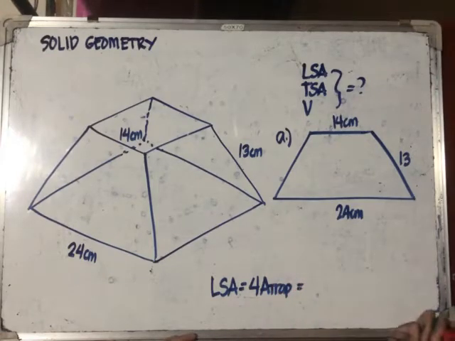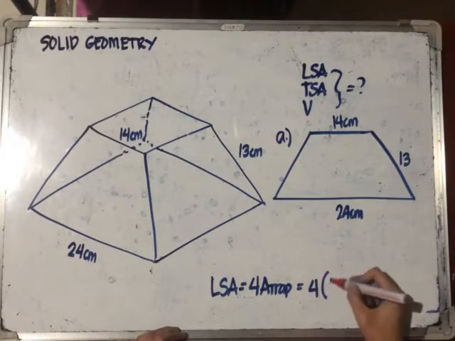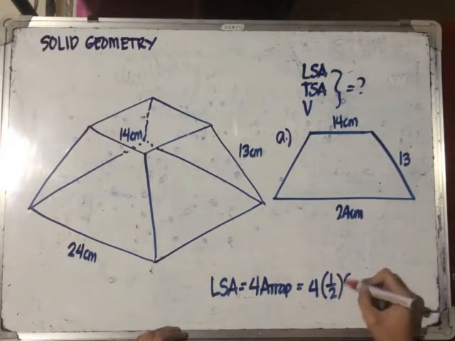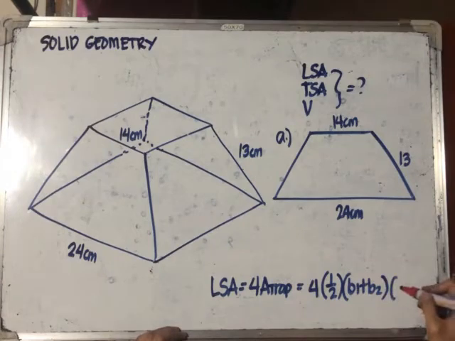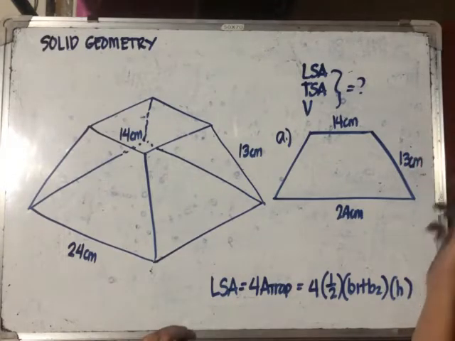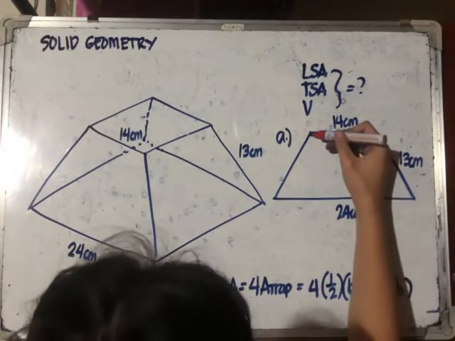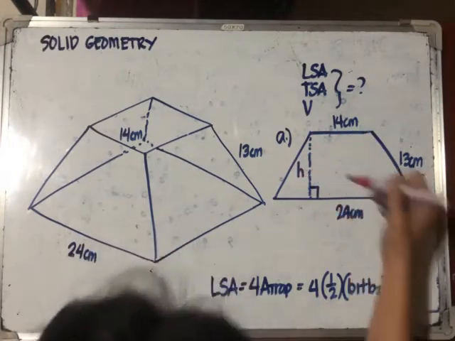For areas ng trapezoid, di ba, anong formula natin? 1/2 (B1 plus B2) times your altitude H. Right? And H natin is not your 13 centimeters here because this is the lateral edge. Altitude H should be ito.